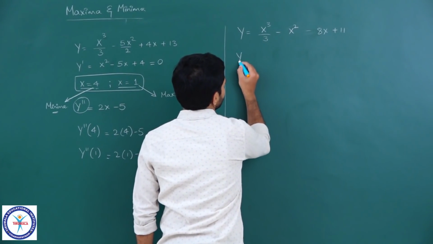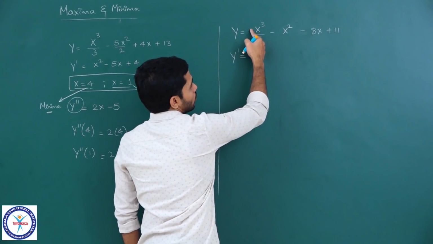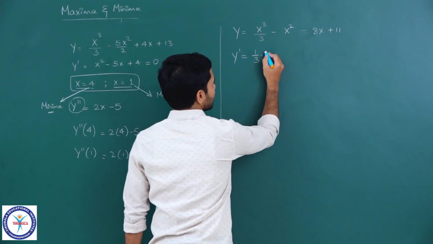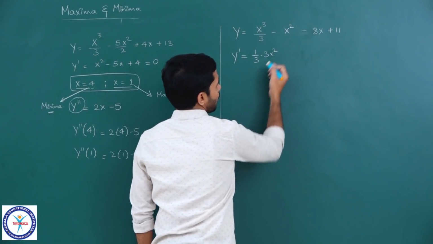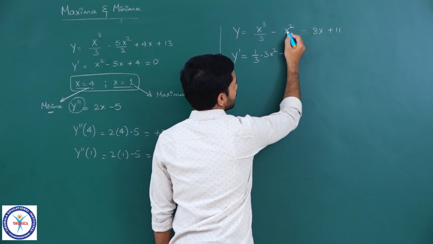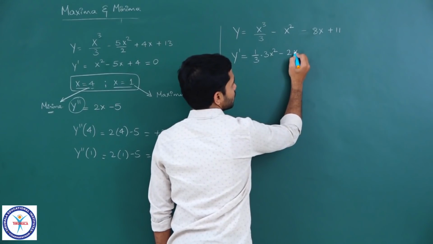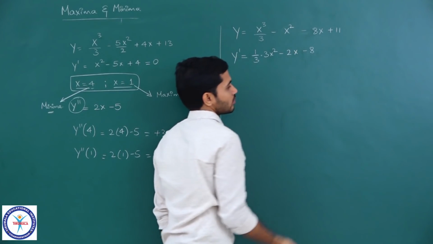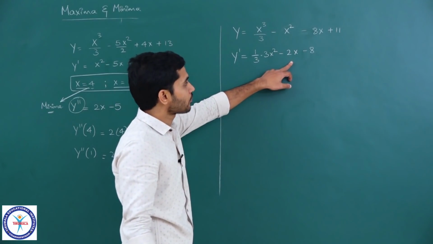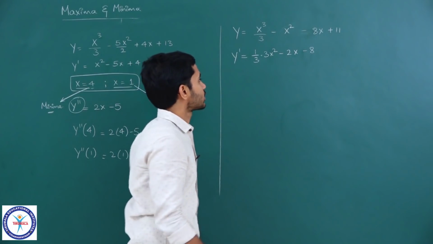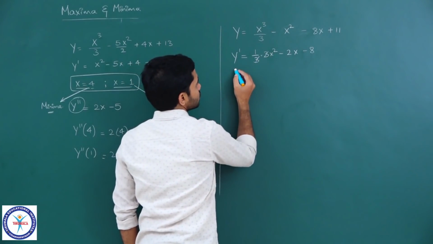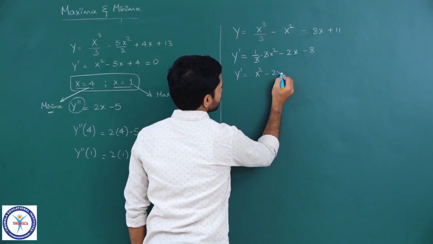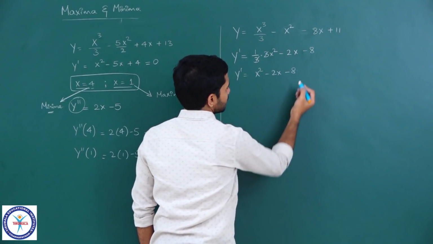So, first y dash is 1 by 3 into the derivative of x cube, which will be 3x square, right, minus the derivative of x square, which will be 2x, and the derivative of minus 8x will be minus 8, correct, and this is 0 anyways. So, 3 and 3 are getting cancelled. So, I am getting y dash is equal to x square minus 2x minus 8.